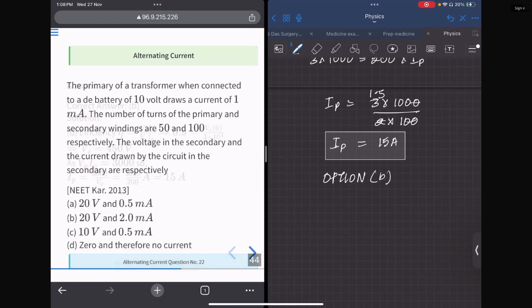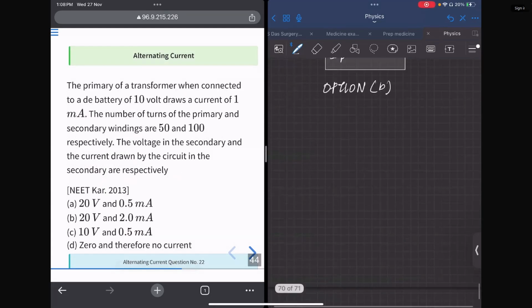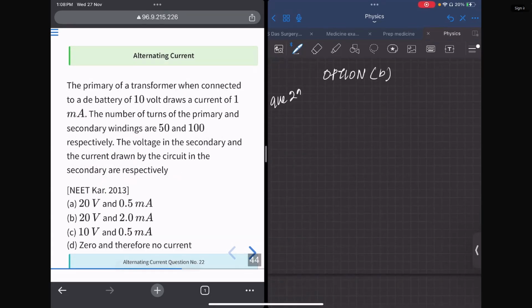Moving on to the next one, we have question number 22, in which they have given that the primary of a transformer, when it is connected to a DC battery of 10 volts, it draws a current of 1 milliampere.